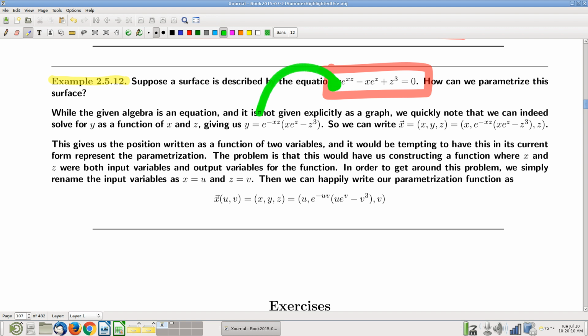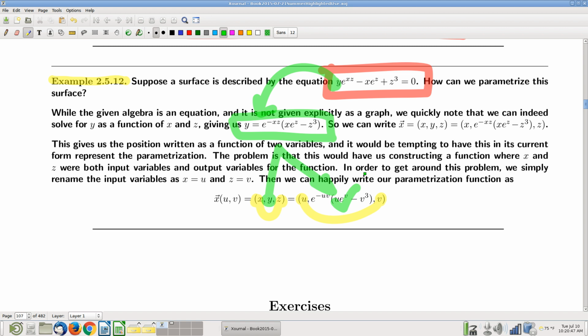Y is a function of x and z. Play the same trick. Namely, let x and z be u and v, and then y is what it has to be, having solved for it in terms of x and z.